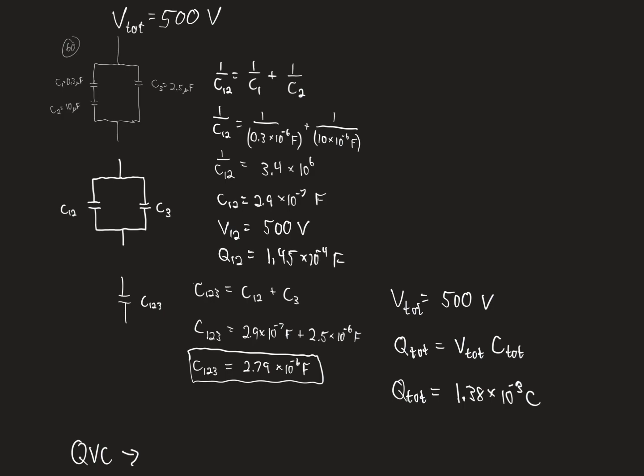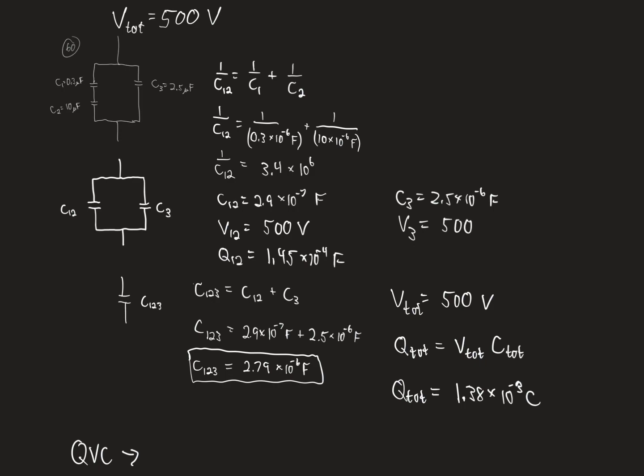farads. And then I can also find, I know C3, we were given 2.5 times 10 to the negative 6. V3, how much voltage is going through this capacitor? Same, 500 volts. Voltage here, same as voltage here.